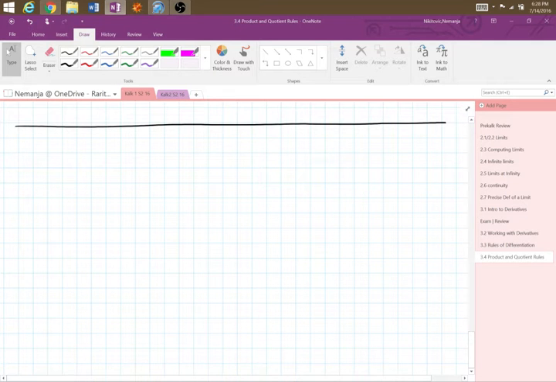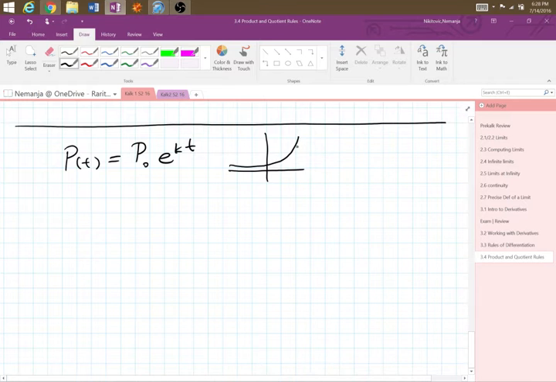we know that there is a model for population which is not that good, but it's okay in the short term, which says that P of t, which is population as a function of time, is the initial population times e to the kt. This is something that you covered in your pre-calculus course, and this particular model is linked to the exponential function graph.